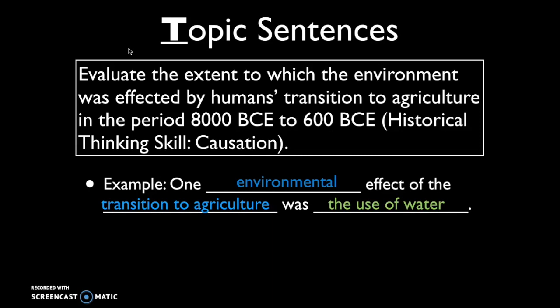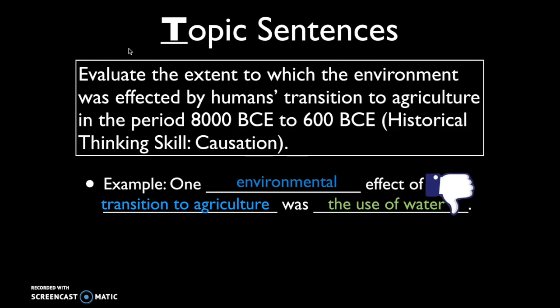Now, we talked about that one though in the last video. The problem with just using a phrase like the use of water is it's not clear enough, it's not specific enough. And so it's really important that when you first are drafting and creating your thesis, that you identify claims that have a level of specificity and clarity to them.